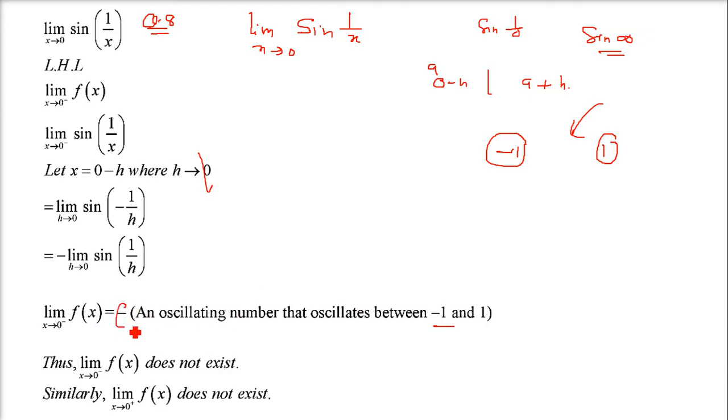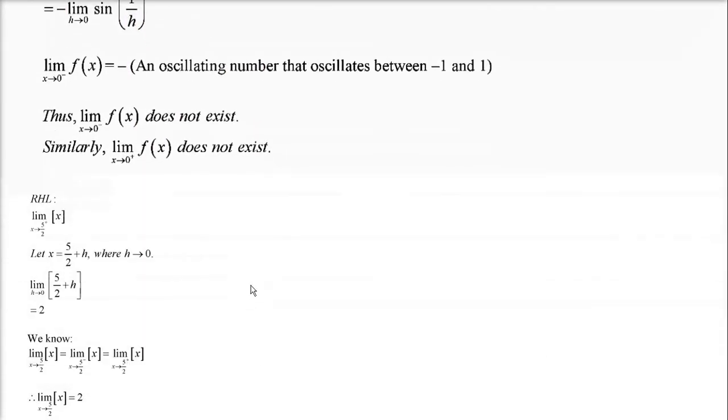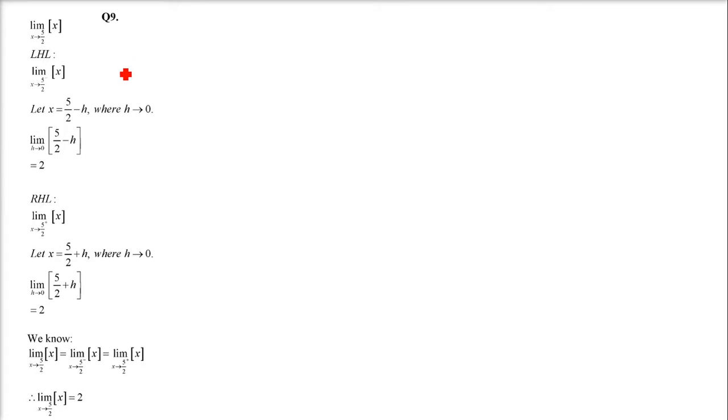So the left hand limit will be negative and the right hand limit will be positive, so they are not equal. When the left hand limit and right hand limit are not equal, the limit does not exist. For 0 plus h, 1 by 0 plus h is sine 1 by h, and that is going to be the positive side of what we have seen in negative.